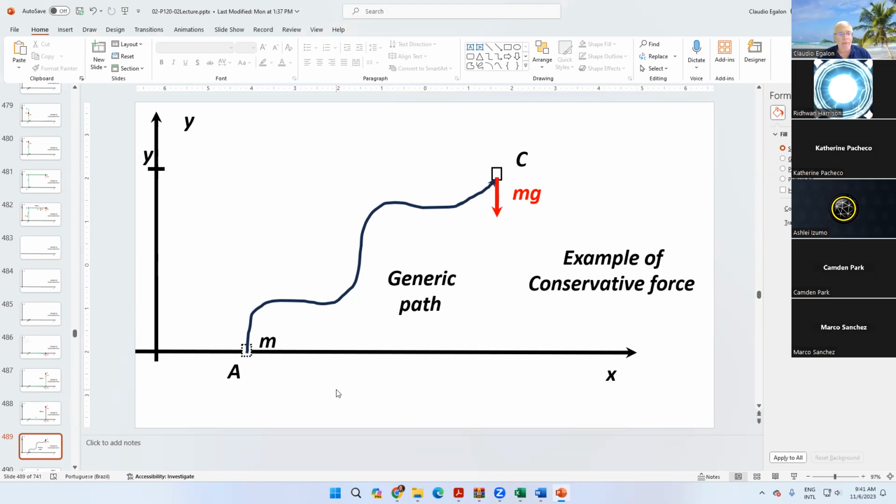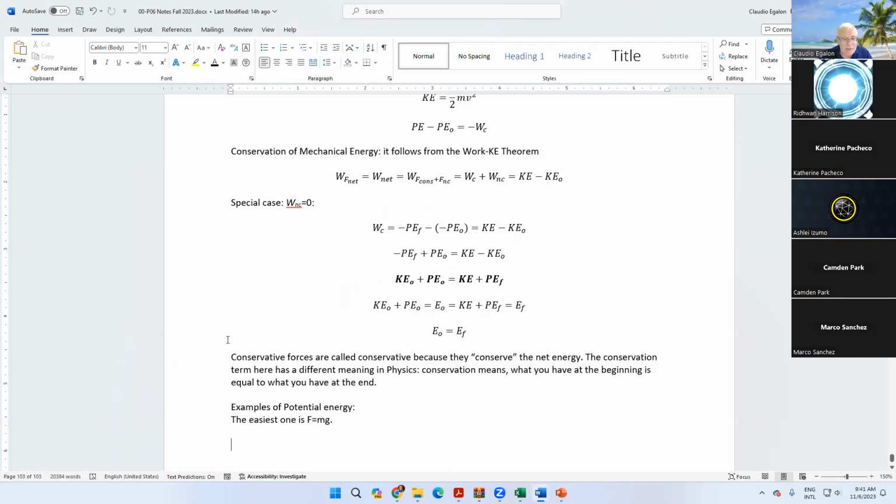So all we have to do is to state that the work done by this conservative force is going to be minus the final potential energy plus the initial potential energy. Okay, so here we go. Easiest one.